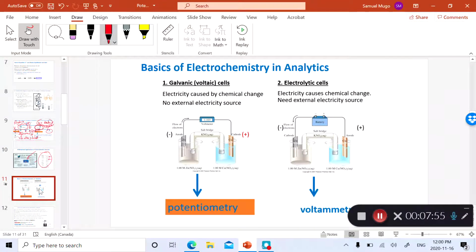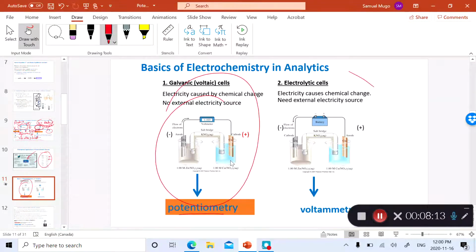So as I've said before, with classical potentiometry, the basis is simply a galvanic cell. And as you well know, a galvanic cell is spontaneous. The electrons are being transferred from the anode to the cathode.